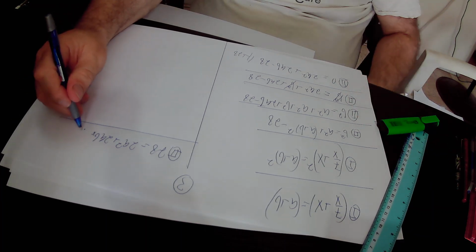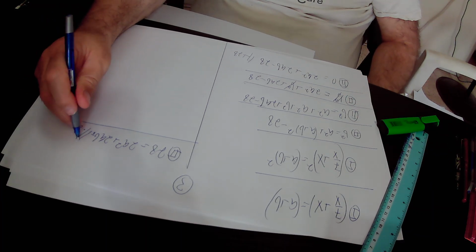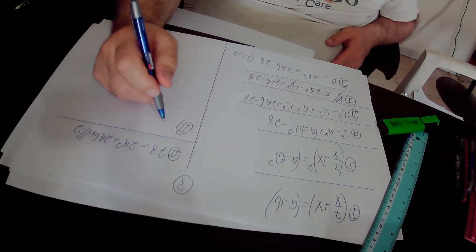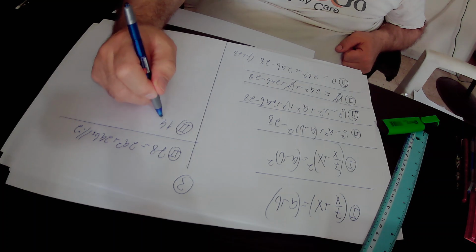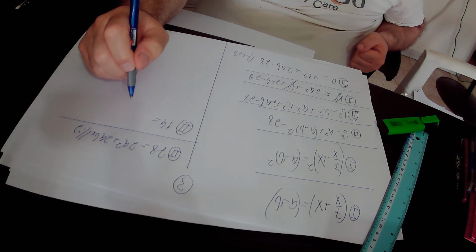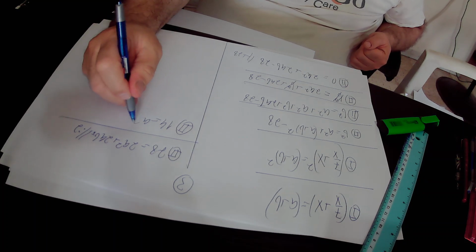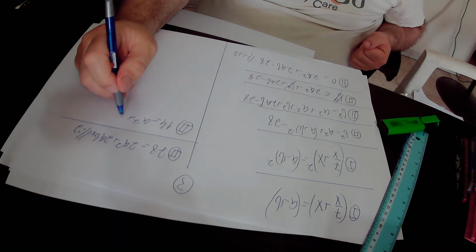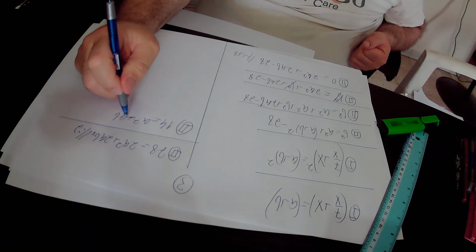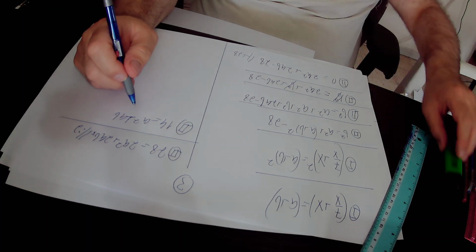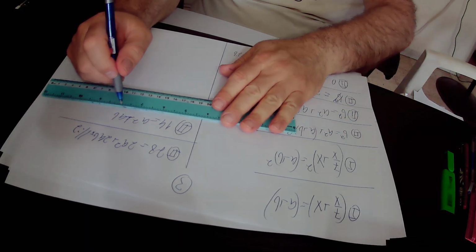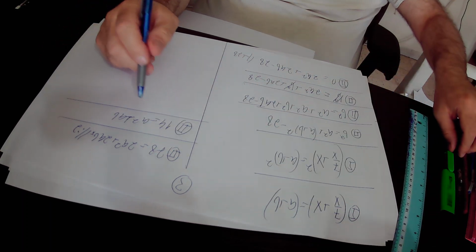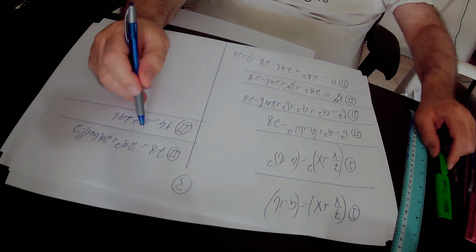Here we divide equation 2 by 2, and we get 28 over 2 is 14, equal to 2a squared over 2, which is a squared, and 2ab over 2 is ab. So in conclusion, according to equation 2, 14 equals a squared plus ab.